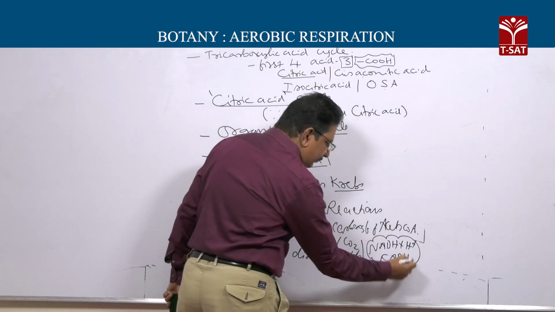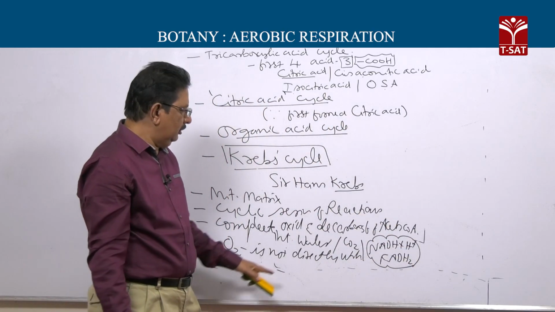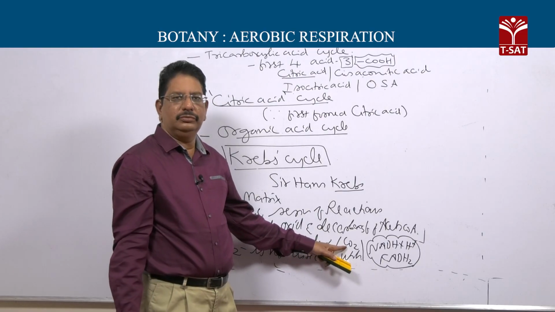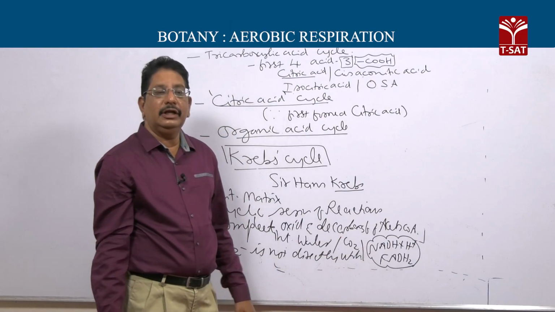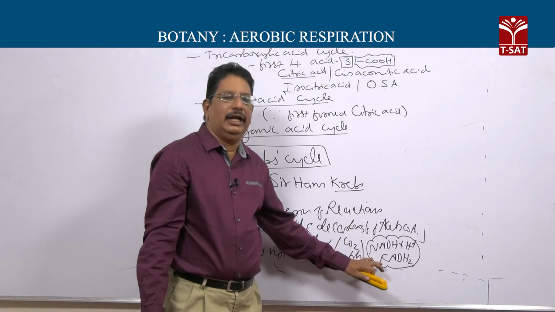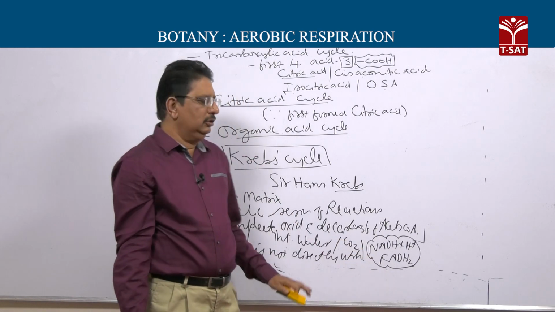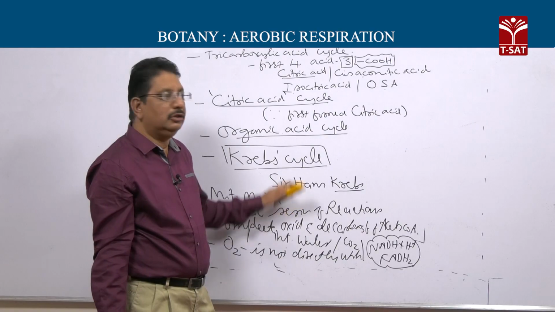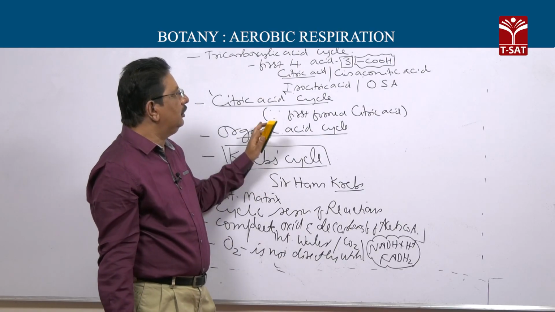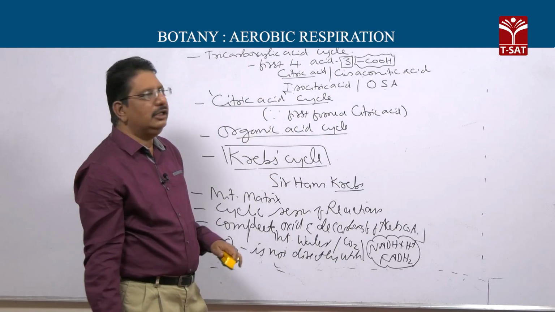So at the end of the Krebs cycle, you will notice liberation of CO2, formation of NADH plus H plus and FADH2, and water. This is the introduction part of the TCA cycle.